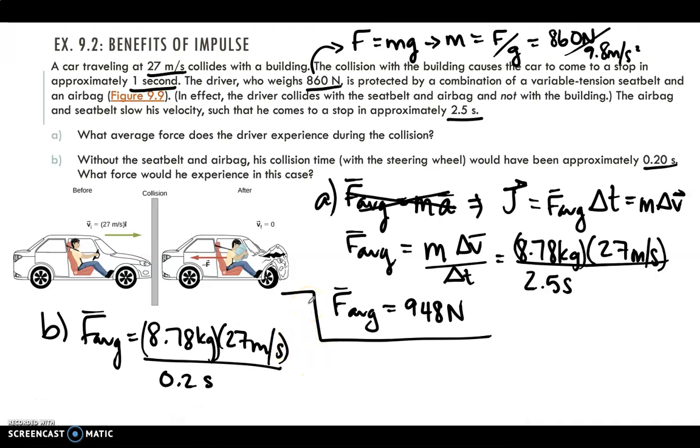Okay, so we were at the very end of this problem, example 9.2 in the last video. So let's go ahead and continue that. We're looking at part B, and we're asking what force would he experience in the case that he doesn't have a seatbelt or an airbag on.